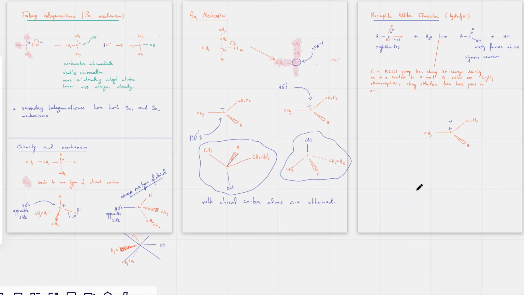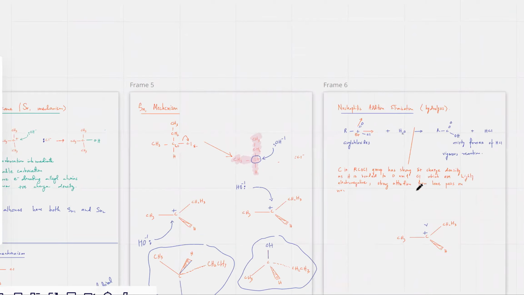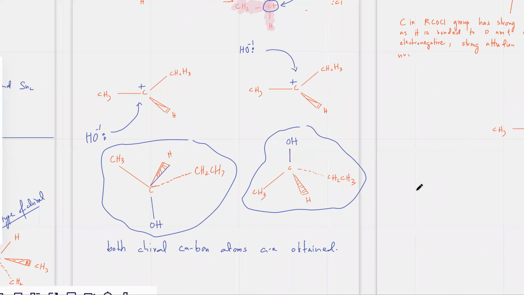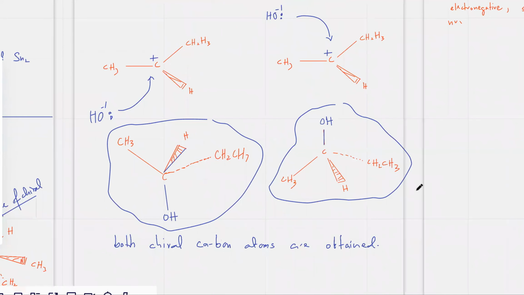Compare this with the SN1 mechanism. In the SN1 mechanism, you've got a carbocation that is formed. And the carbocation is fan-shaped, because whenever you have 3 bonds, then it is fan-shaped.